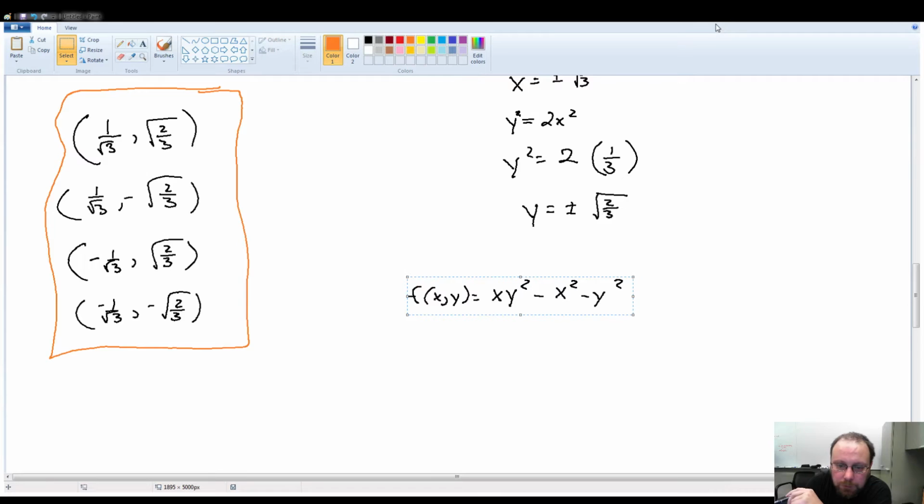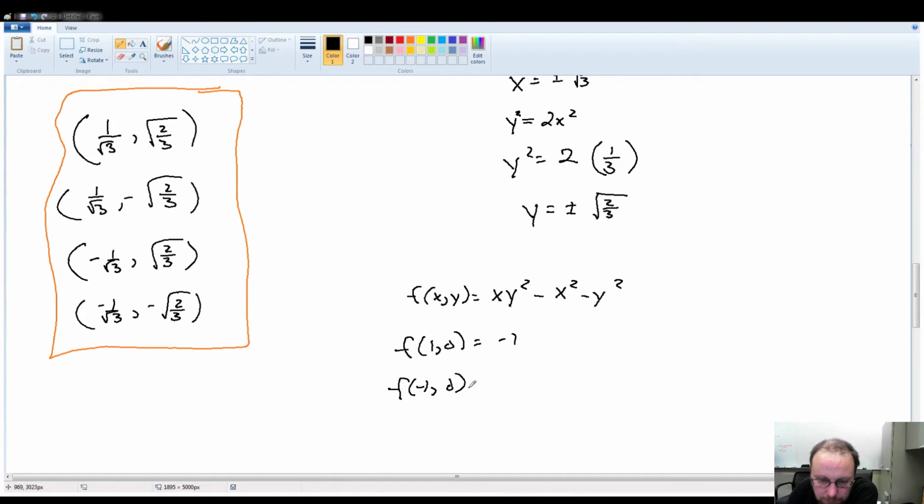Let's go through them. The first critical point was 1, 0, so that becomes negative 1. And we had negative 1, 0, which is also negative 1.